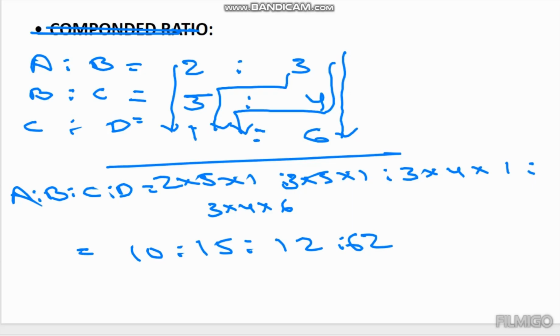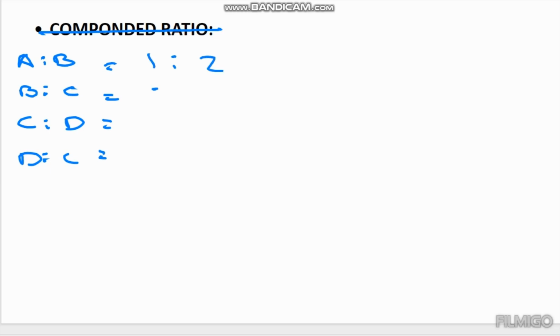So if we go to more terms, A is to B, B is to C, C is to D, D is to E, as 1 is to 2, 2 is to 3, 3 is to 4, 1 is to 4.